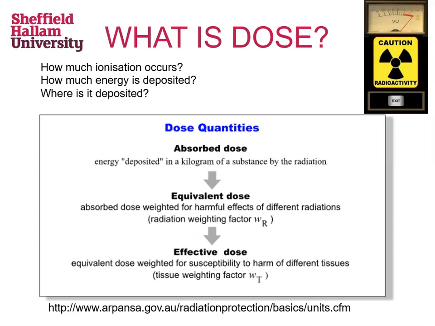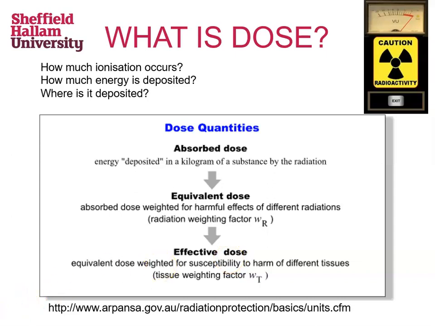Alpha particles are particularly DNA damaging, so 1 unit of alpha particle energy causes 20 times more damage than an equivalent amount of energy from gamma rays or beta. So we have an equivalent dose, and then we also have an effective dose.